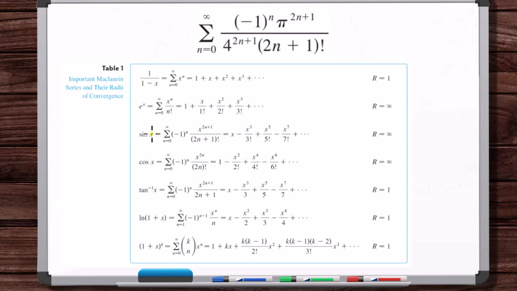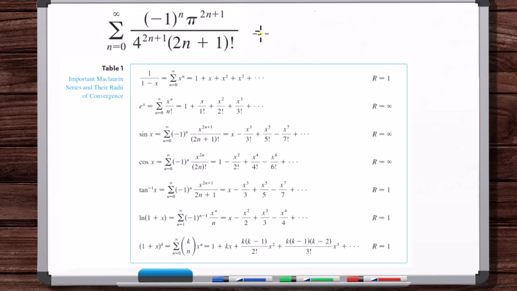Okay, 2n plus 1 factorial, we see that here. We've got a minus 1 to the n. So yeah, I can see exactly what this is. Let me move this.